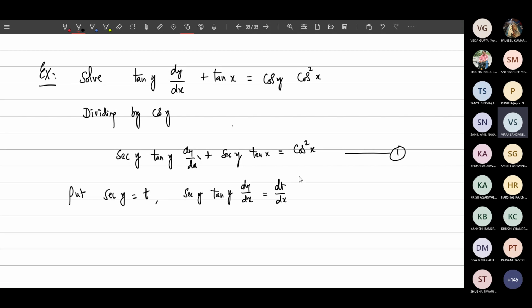So this entire quantity is just dt by dx, and this is tan x into t, and this is q. So that equation 1 becomes dt by dx plus pt equal to q.